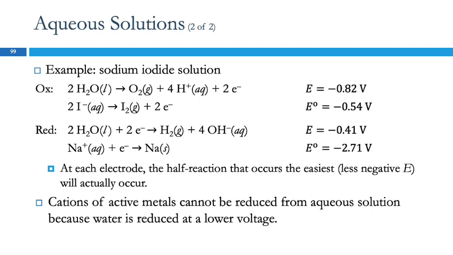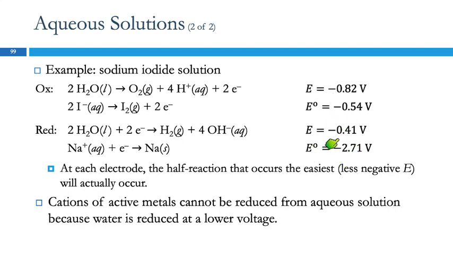So at each electrode, the reaction that has the less negative E is going to be the one that happens. So for this one, if we're applying voltage, we're going to hit this one first. This one's going to happen, and that one's not going to happen, because this is going to happen easier, right?